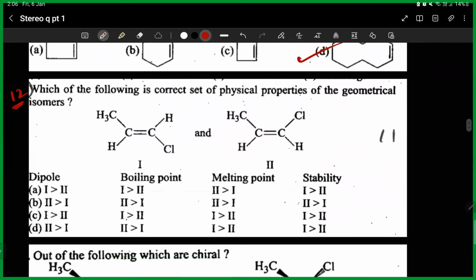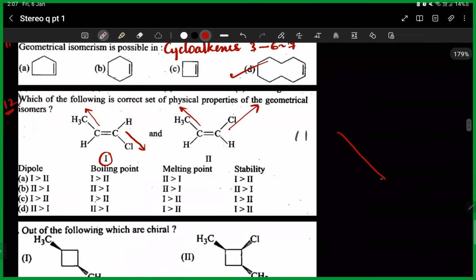Now, the 12th question. Which of the following is the correct set of physical properties of geometrical isomers? So this is a tricky question. Now here you can see the dipole moment is like this. Here you can see the dipole moment is like this. Chlorine gets the larger vector. So using common sense, you can see that here there is a very big vector.